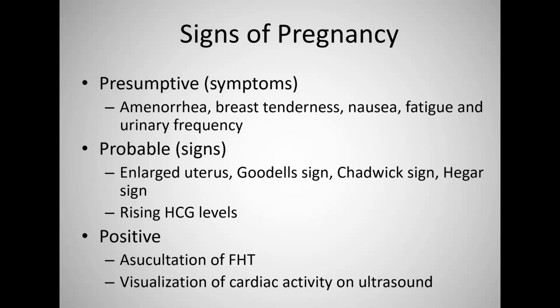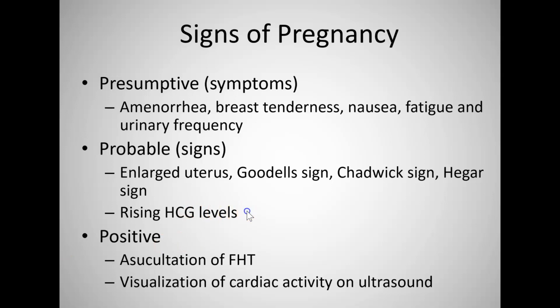And then the Hegar sign is called dextro rotation, and that's when the large uterus bends forward onto the isthmus, and that happens during the 4th and 6th week. So you'll see that bending forward of the uterus.